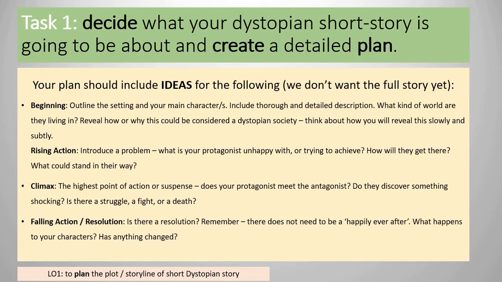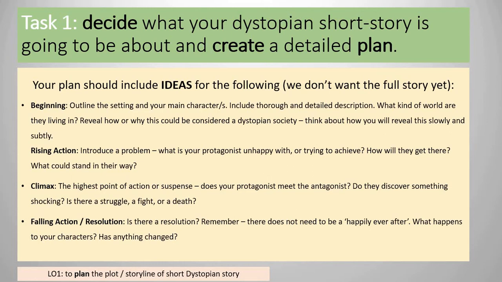So it might be that you talk about a tyrannical government. It could be that you refer to different robots that are in charge. It might be that you're in an urban area that's very much falling apart, and you have a lack of resources. You need to really think about how you're going to reveal the information, and do it slowly and subtly.